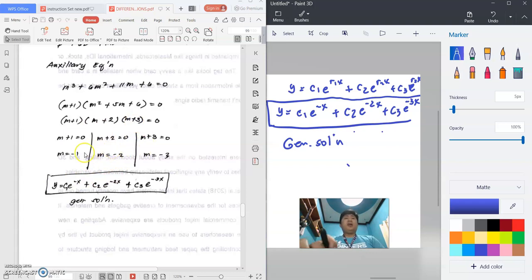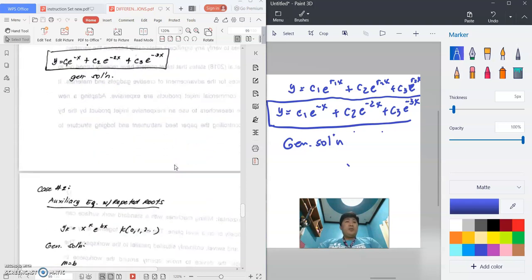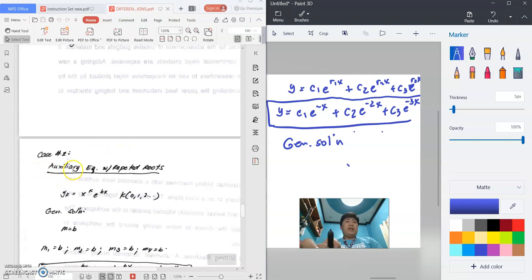After getting the roots is substituting. Kung duha ra siya, you could try substituting it to the given equation. Kung 3 roots, tanawon nimo whether nag-repeat ba siya, wala ba parehang roots. Because kung naa na siya mo repeat, ang topic ana auxiliary equation with repeated roots.